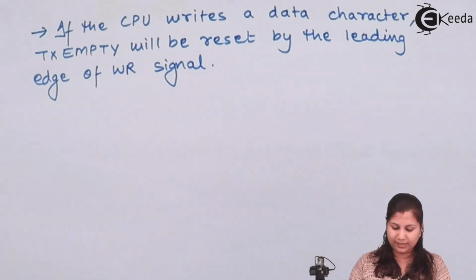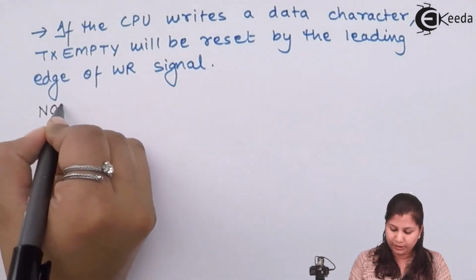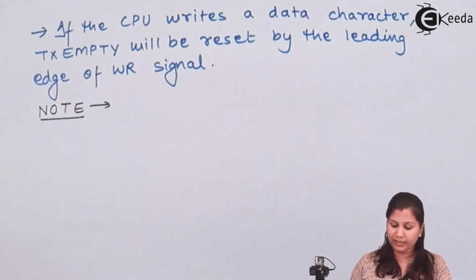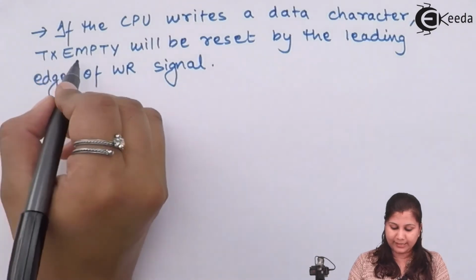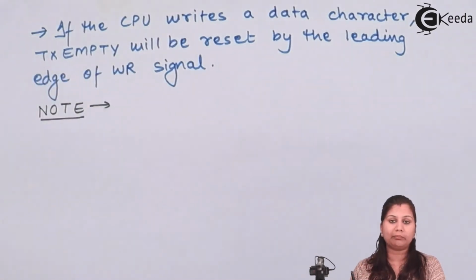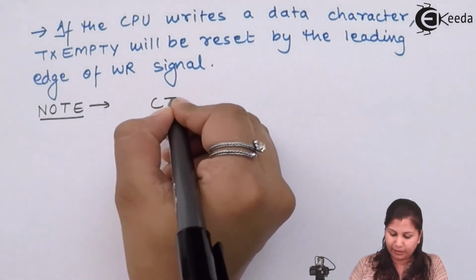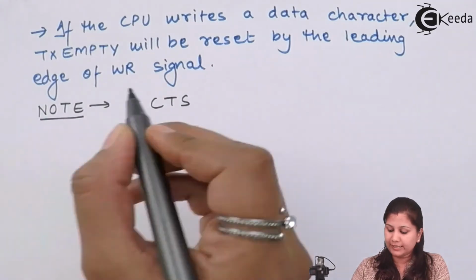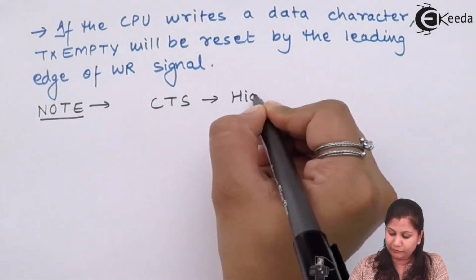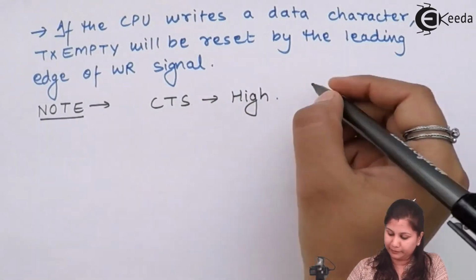Now in this, one thing should be noted: the transmitter can be enabled or disabled by using the CTS command, which is clear to send. If this pin is high, then the transmitter will be disabled.